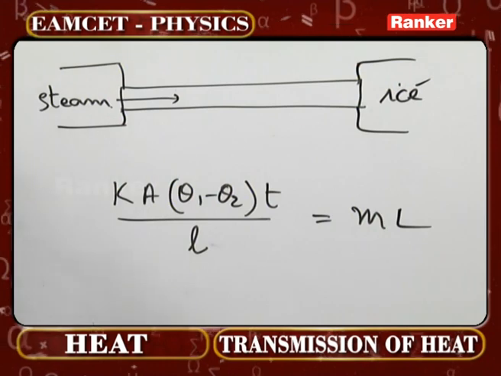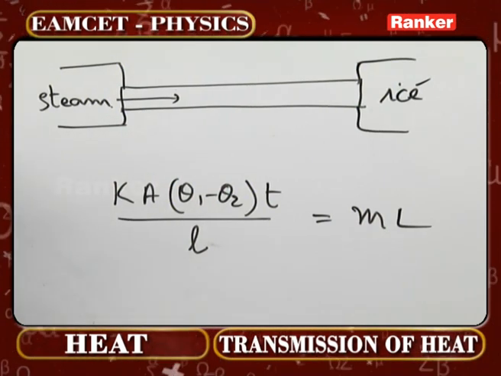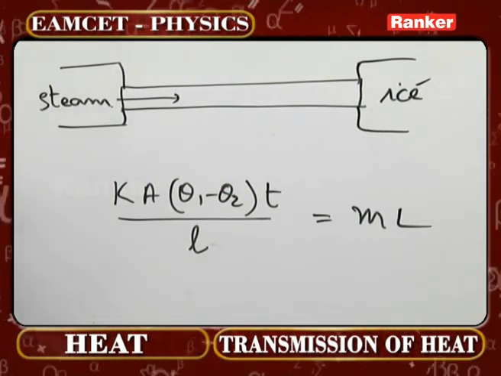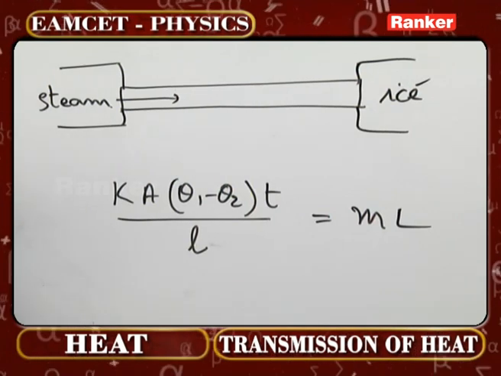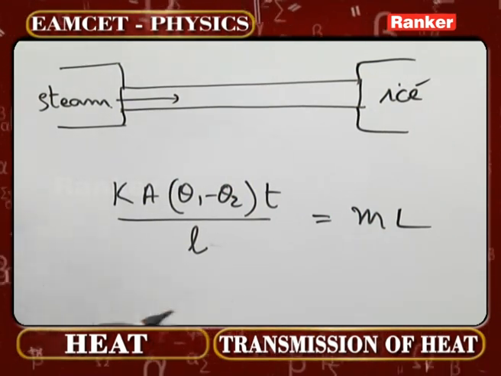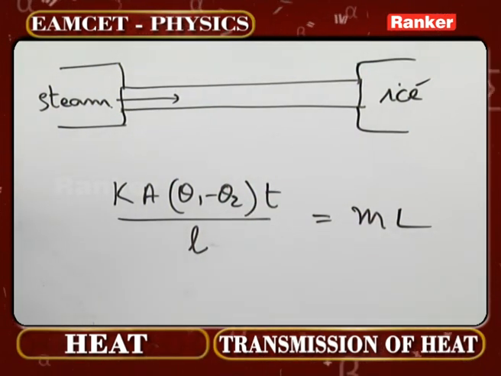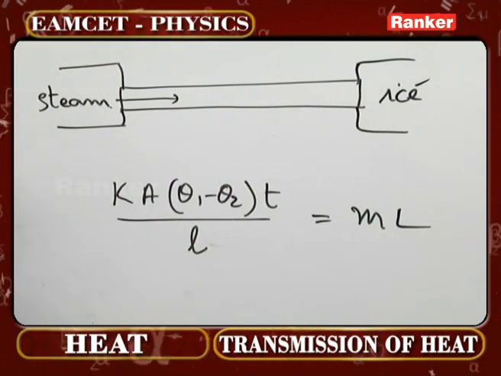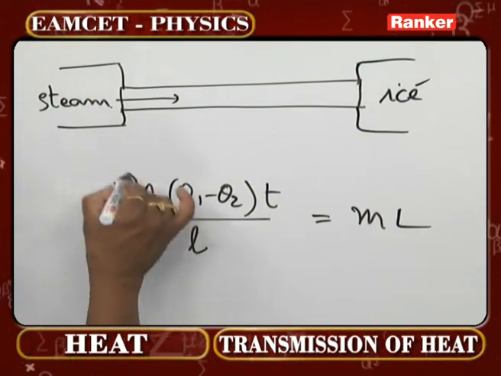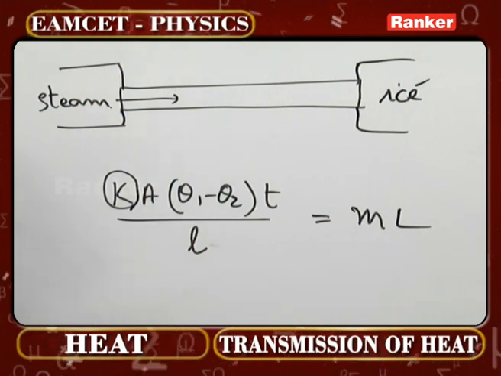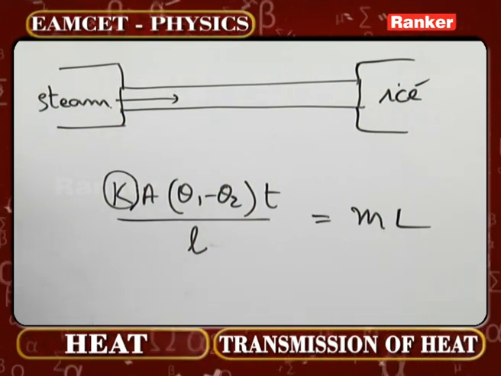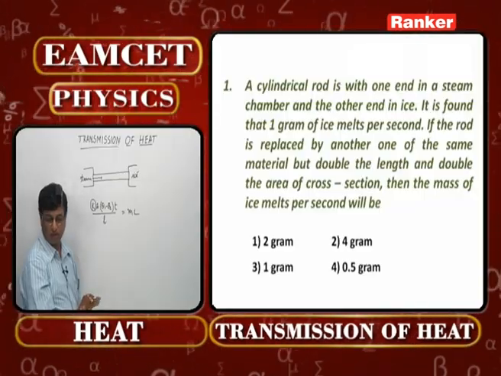But in this particular case, he is comparing two different rods. See the dimensions of both the rods, please. The first rod, of course, melts 1 gram in 1 second. Now, what about the second rod? It is replaced by another one of the same material. Same material means its coefficient of thermal conductivity is going to be constant for the second rod.